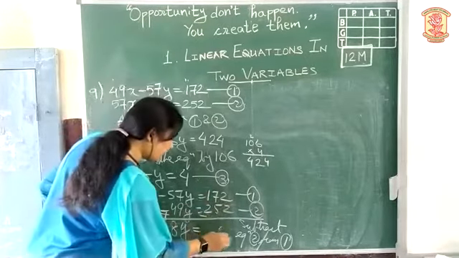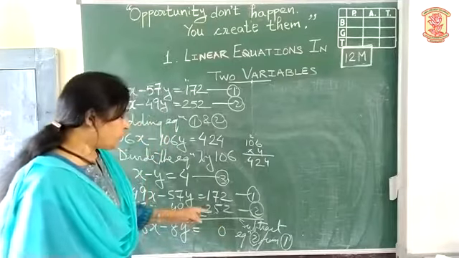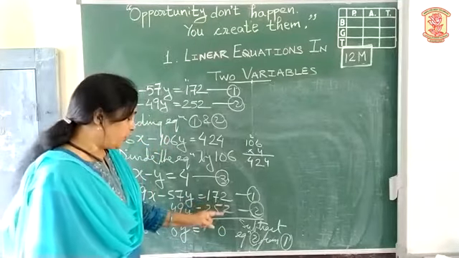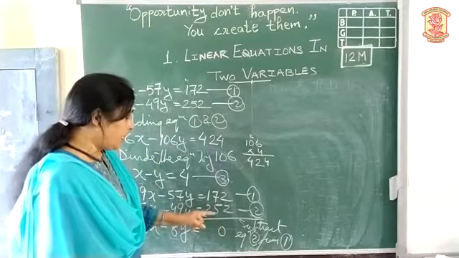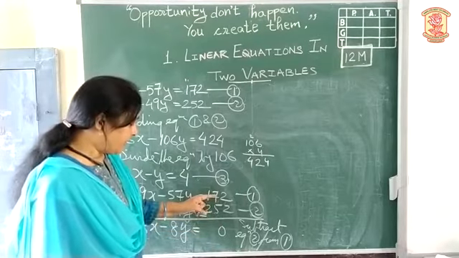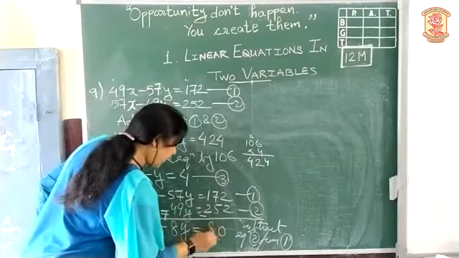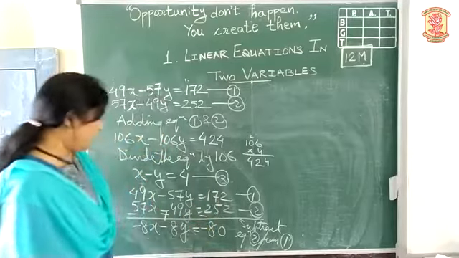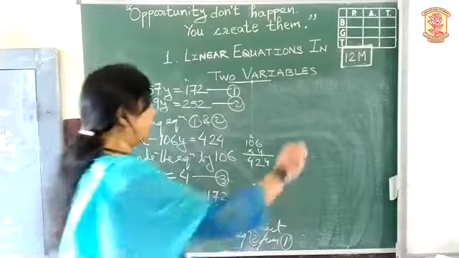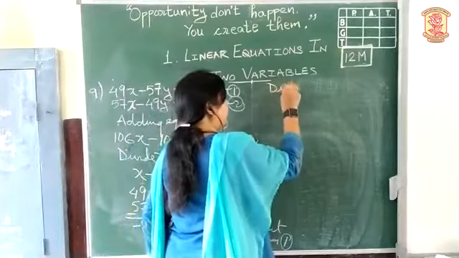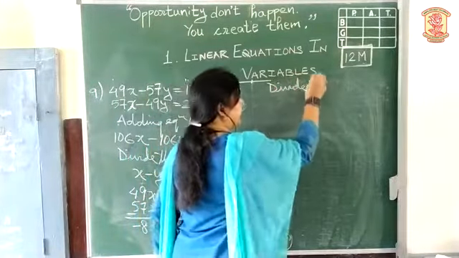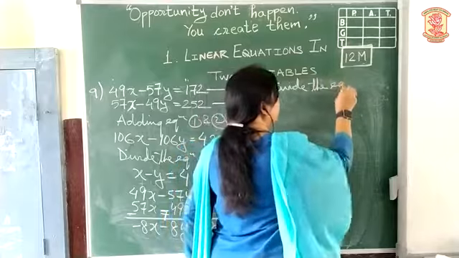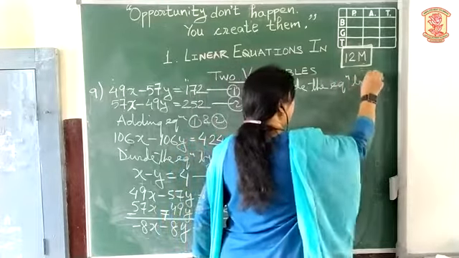Carry 1, that is 252 minus 172. So 2 minus 2 is 0. Here 15 minus 7 is 8. And here 1 remains, so it is 1 minus 1, that is 0, and bigger number sign minus. Again, to make it simple, we divide the equation by 8.